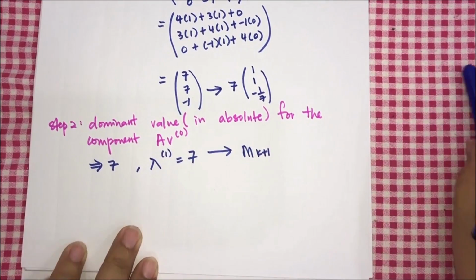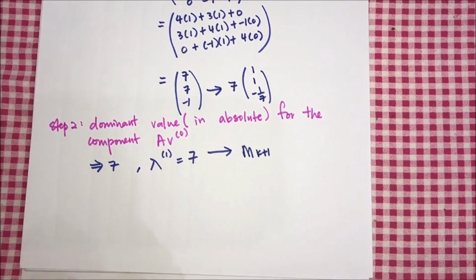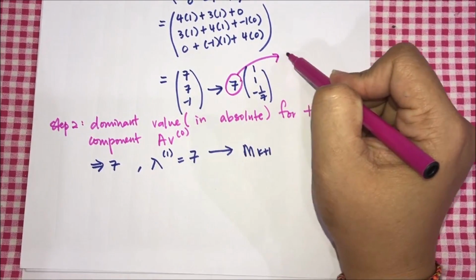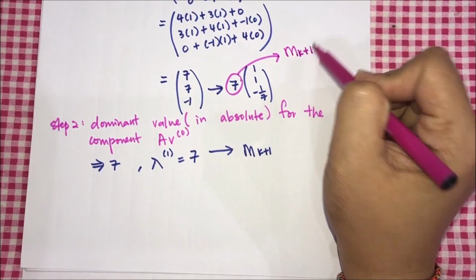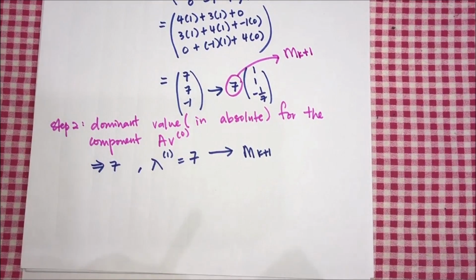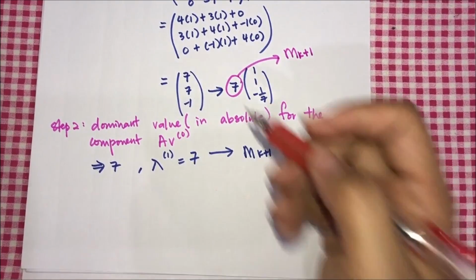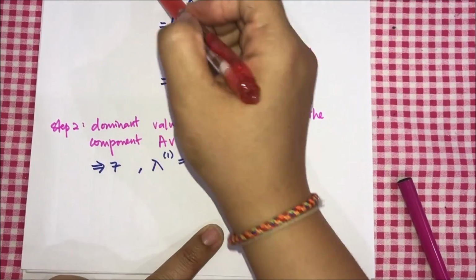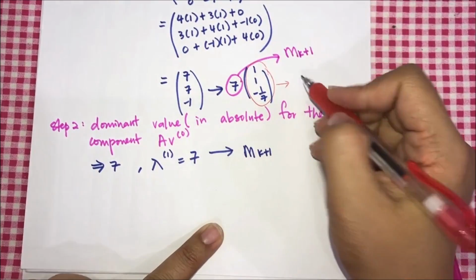This is the value of m(k+1), and this is the value of the next V. Now this one is V0, so this is V1.